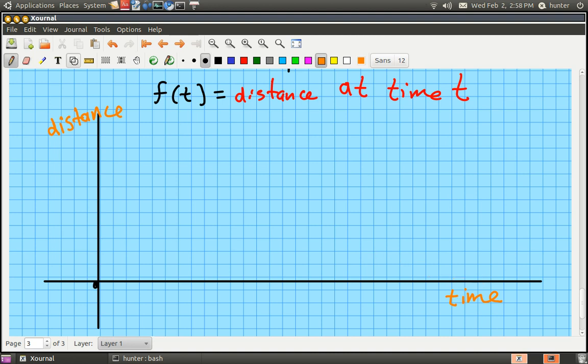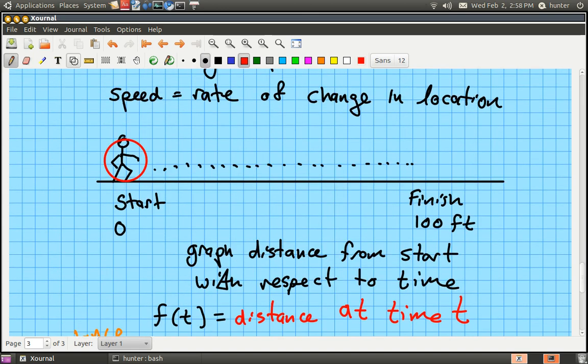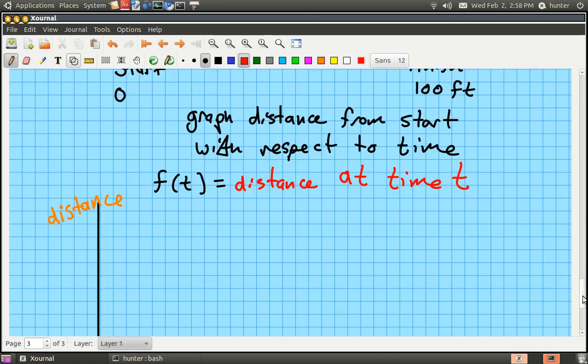Anytime you have a function, the horizontal axis, the x-axis, is the input, and the y-axis is the output. So we know that at time 0, the man is distance 0 from the starting place. He's standing there at time 0.